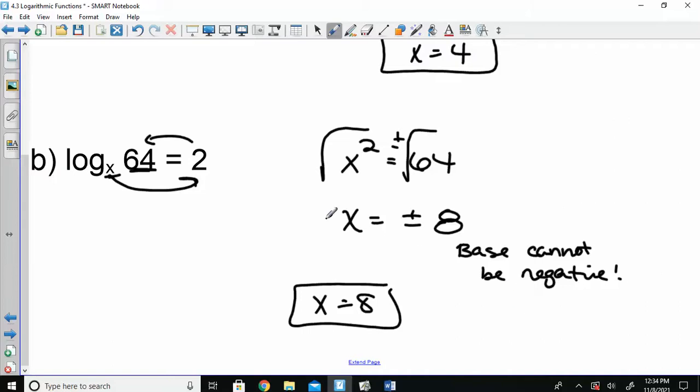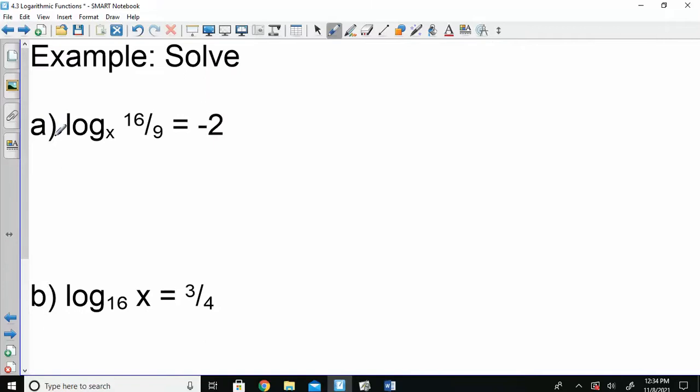Let's do some more. So we get x to the negative 2 power equals 16 over 9.